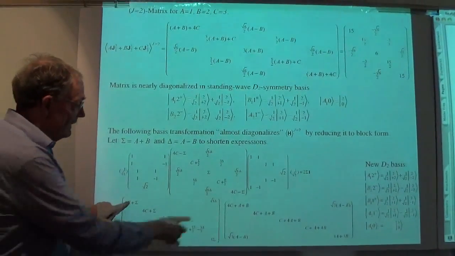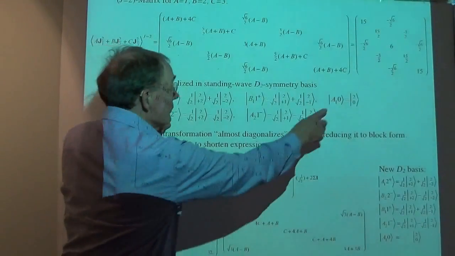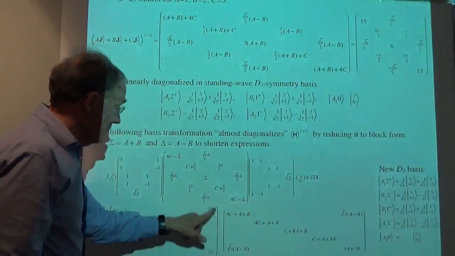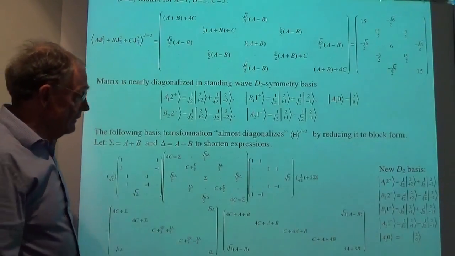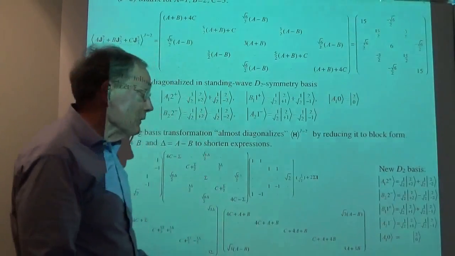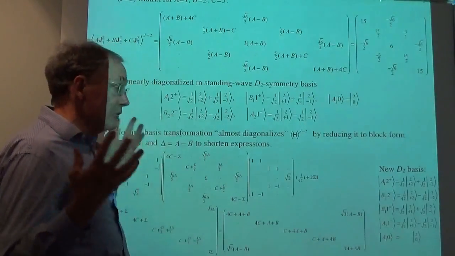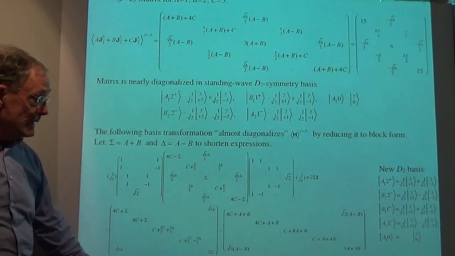And there are the two on the ends. Those are this guy, and that's the one that's last, you see. And it's got an off-diagonal element that is equal to the difference between A and B. So if A and B are equal, it's gone, but that's a symmetric top. Okay?